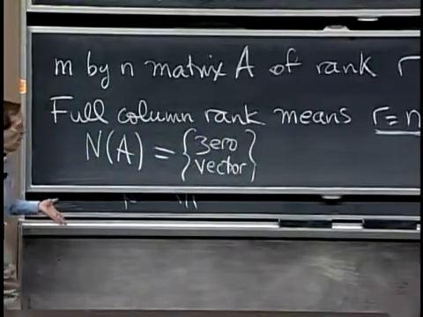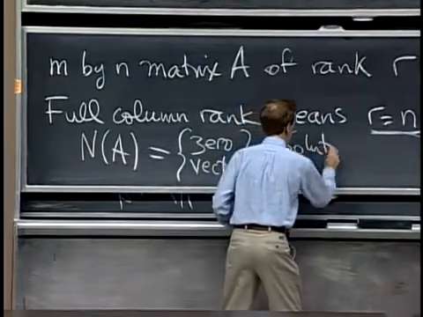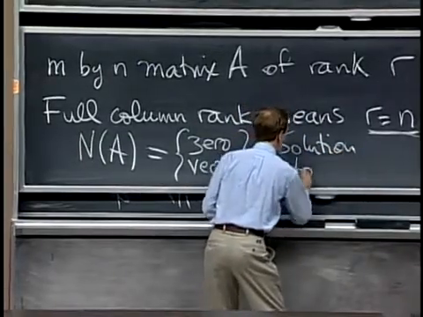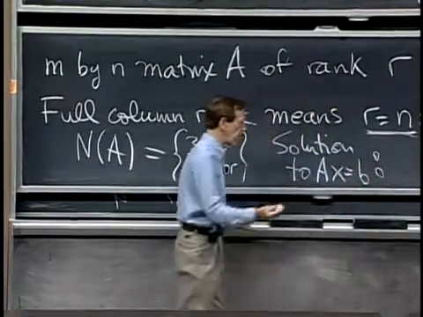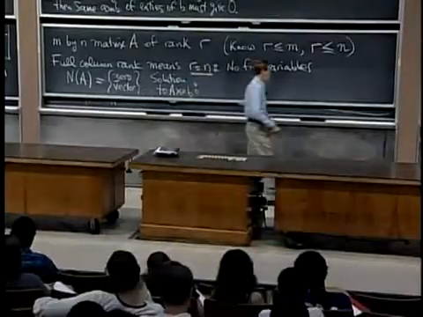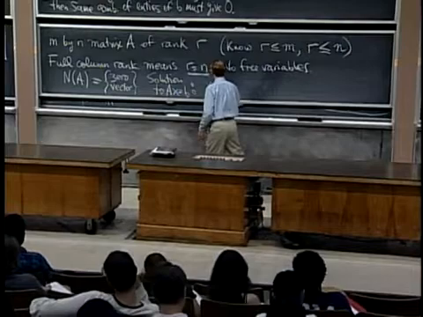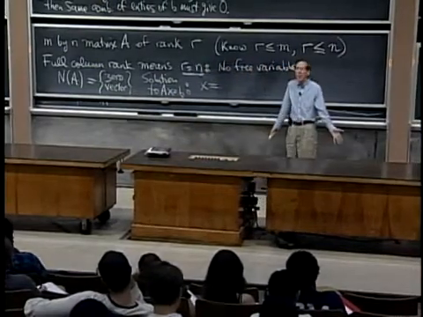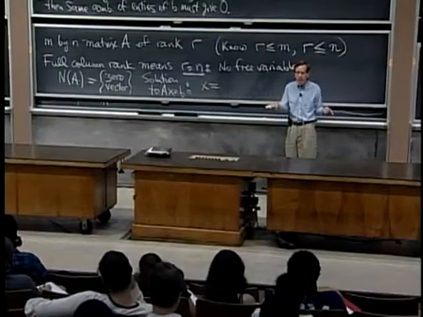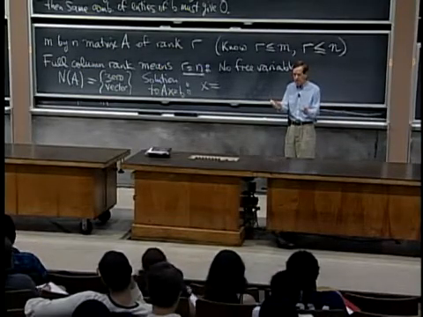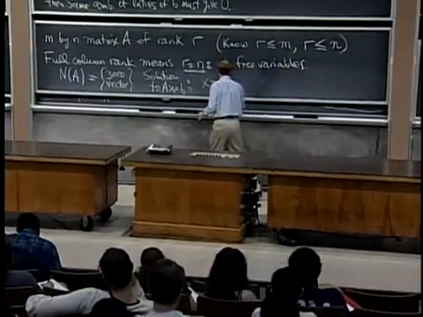And what about our solution to Ax equal b? What's the story on that one? So now that's coming from today's lecture. What's the complete solution? It's just x particular, right? If there is a solution. It's x equal x particular.